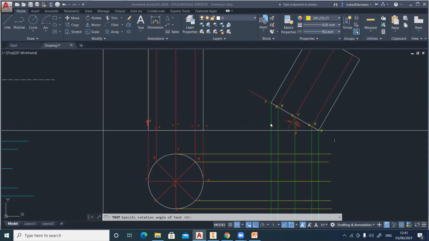This is a projector from 1 dash point and the second projector is from 1 point. So this is your first point.